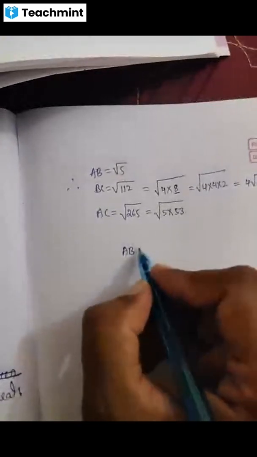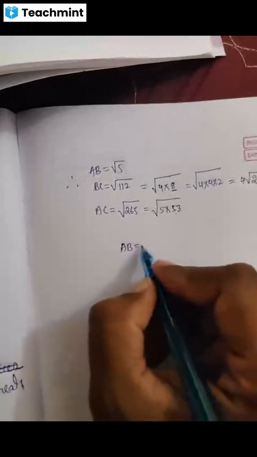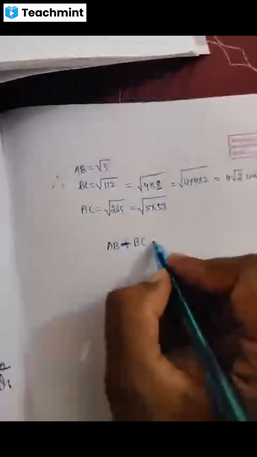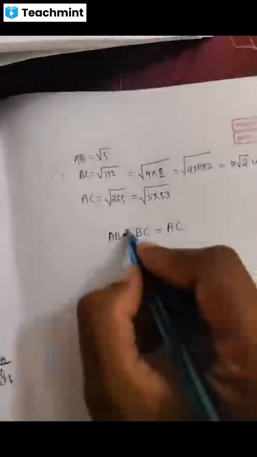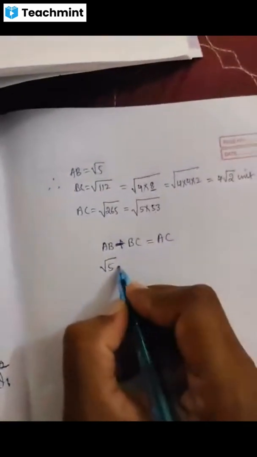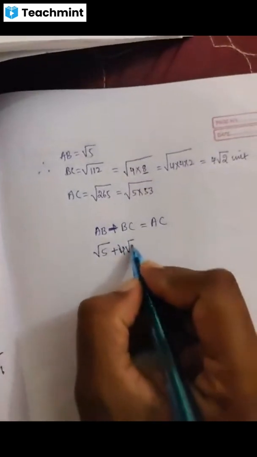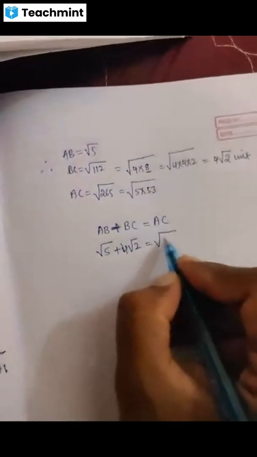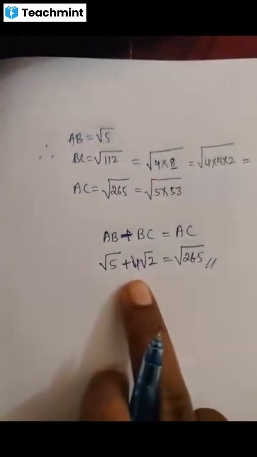So AB plus BC is equal to AC, we have to show. So in this, they are the roots. Okay, root 5 plus 4 root 2 becomes root 265. This is equal to this one.